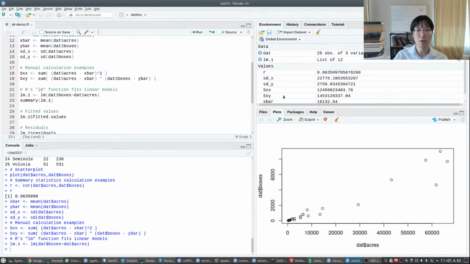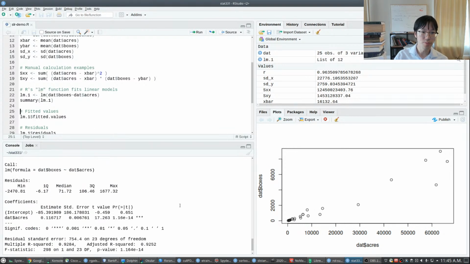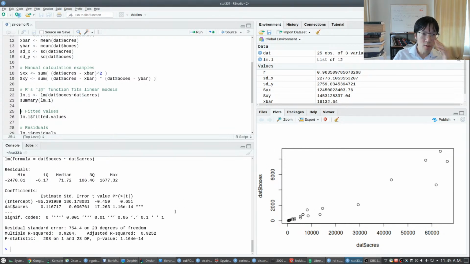Okay, so we run that, and that fits the model. To get a summary of it, we can plug this fitted model object into a summary command. So I've run that here below. Let's take a look at this output and see that it indeed corresponds with what we did on the board.